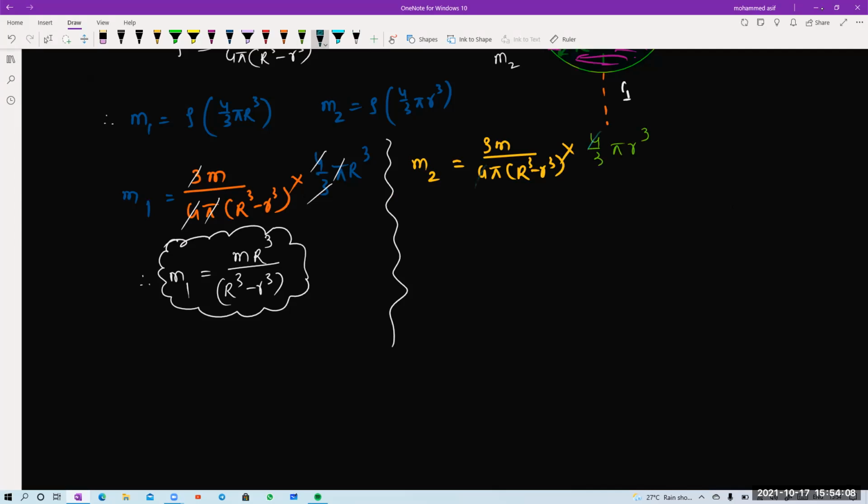This 4, this pi, this pi, this 3 and this 3 will get cancelled. So M2 will be equal to M into small r cube divided by capital R cube minus small r cube. So these are the masses of your smaller as well as your larger sphere.